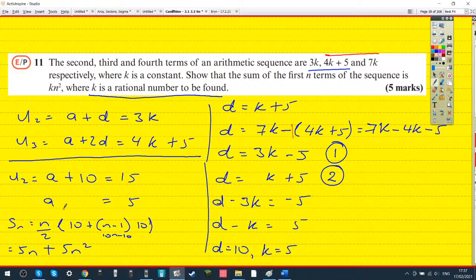So 10n times n over 2. Okay, yeah. And then you had n over 2 times minus 10. Minus 5n. Simplify.